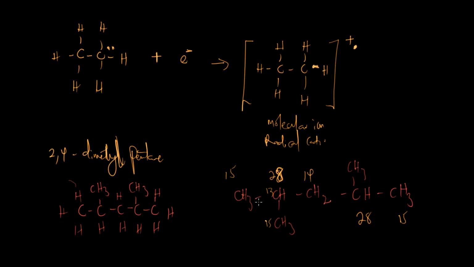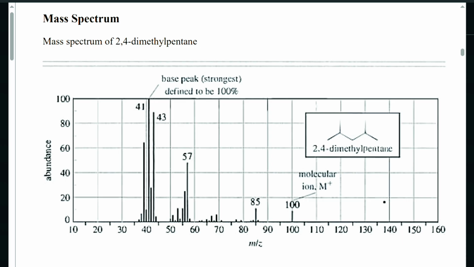Everything here is 30, 45, 15, 28, 15, 14, 28, 15. So everything here is 115, right? Let's see if I'm right. I think I probably am wrong, but we can find that out.